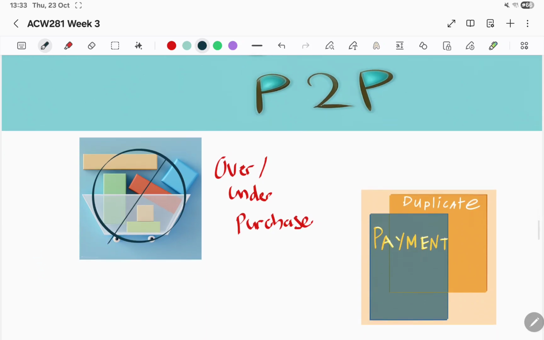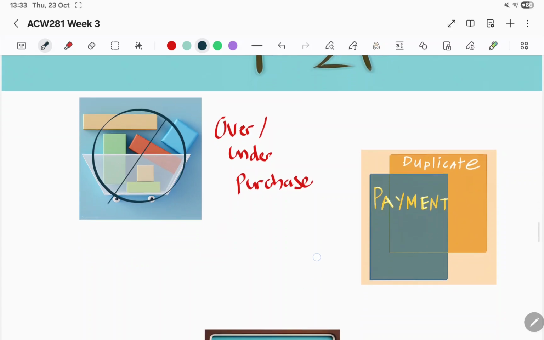All right, you want to control it, make sure that you don't want anyone to simply buy things that are not useful, buy things that are not related, or buying the things that are supposed to be selling off.